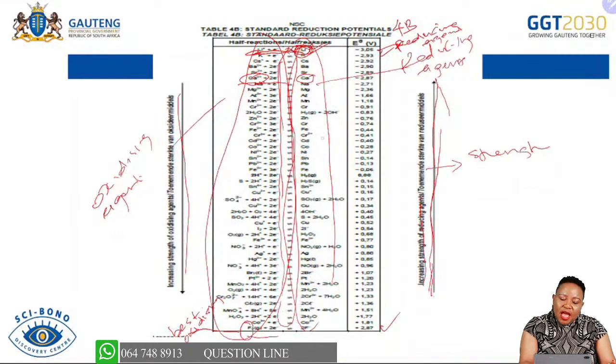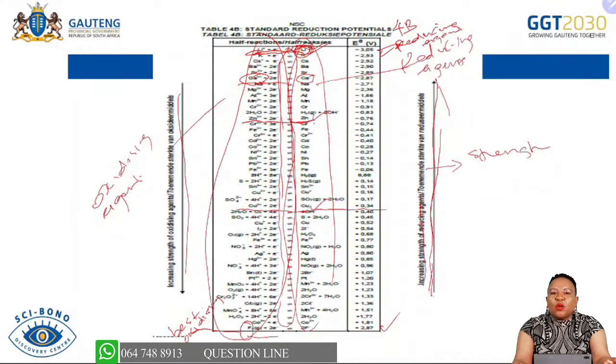Therefore, if we compare the zinc half cell and the copper 2 plus half cell, because we are going to choose copper 2 plus since we have the sulfate 2 plus ion, which is this one of 0.34. We will compare the strength of zinc and copper.